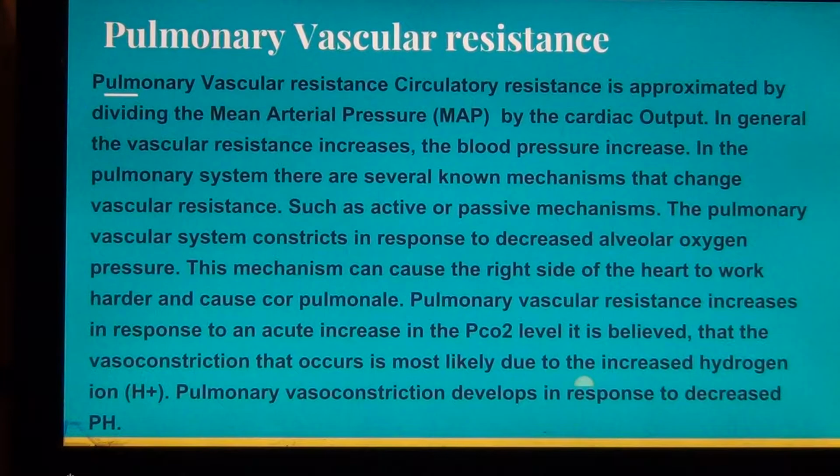Pulmonary vascular resistance increases in response to an acute increase in the PCO2 level. It is believed that the vasoconstriction that occurs is most likely due to the increase in hydrogen ions, and the pulmonary vasoconstriction develops in response to a decrease in the pH.